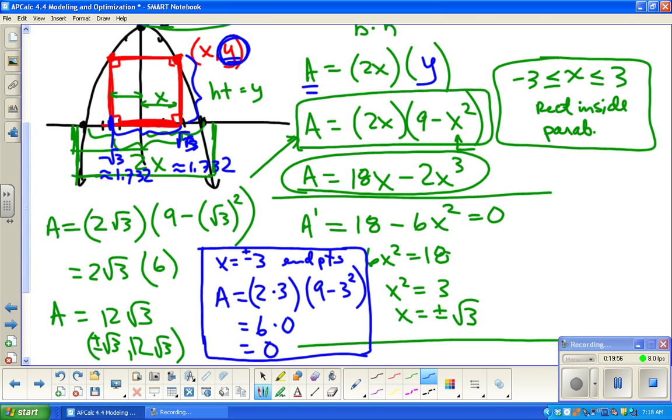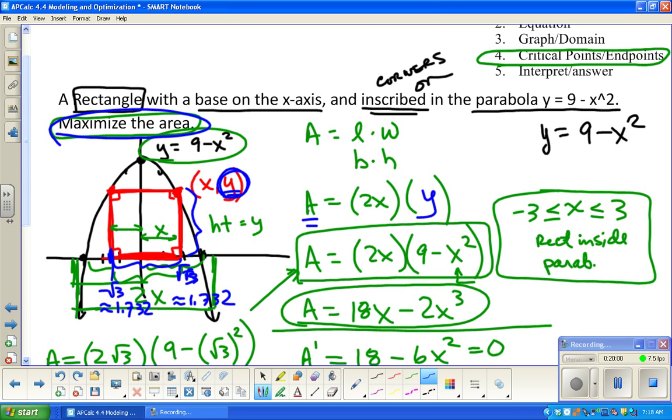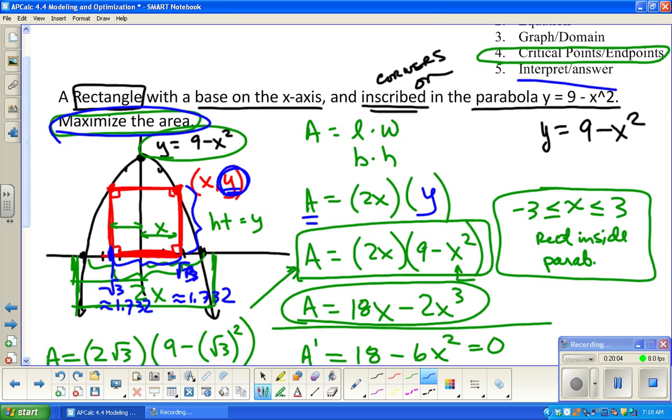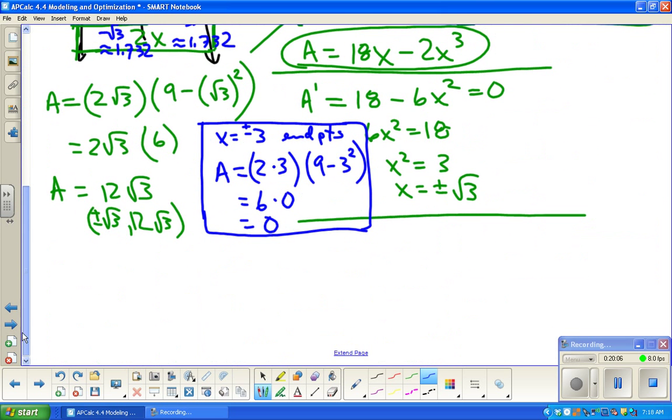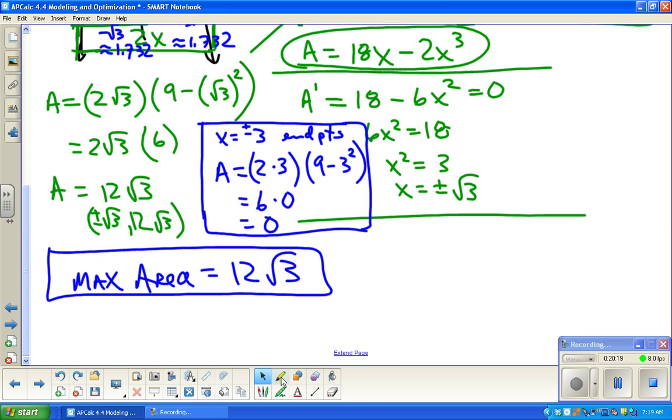Okay. All right. So what did the question ask for? It said maximize the area. Okay. So this is us interpreting and answering. I'm not going to say 0. The maximum area is 12 times the square root of 3. Now this was all based on a graph, so the context was not like a rectangle.